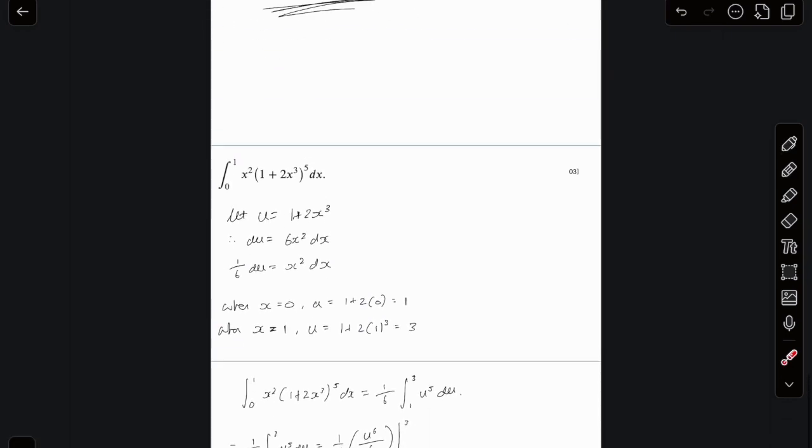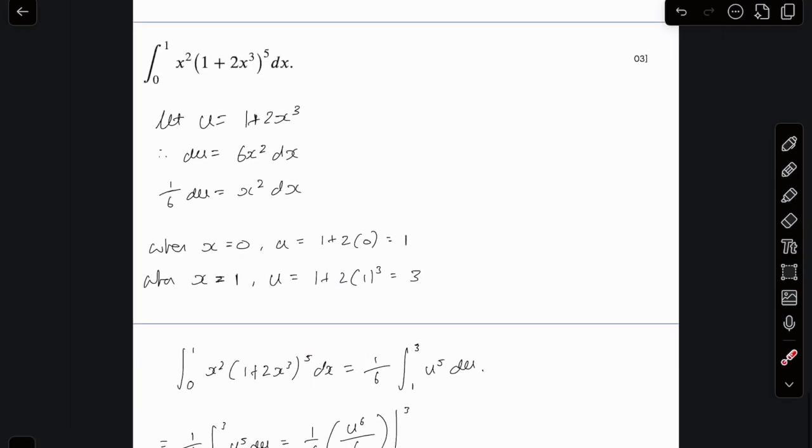So just to summarize, guys, let u equal 1 plus 2x to the power 3. We worked with that to see that 1 over 6 du must equal x squared dx. We then said we've got bounds here, so how does it work with that? Well, when x equals 0, u is equal to 1 plus 2 times 0, which equals 1.